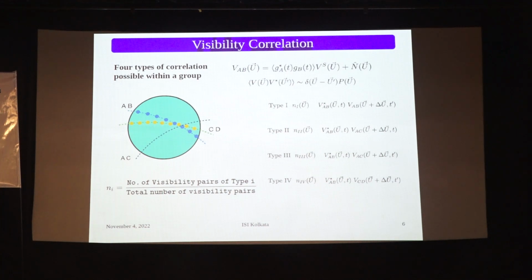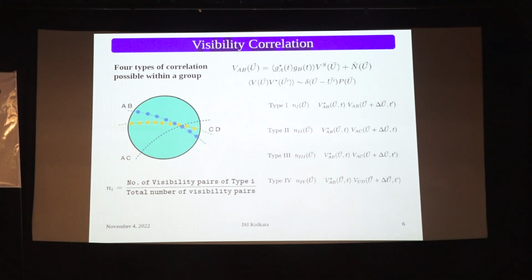Depending upon the pair of antennas involved in measuring the visibilities, we can have these 4 types of visibility pairs. Say we take one visibility measured by antenna pair AB, and another one also measured by the same antenna pair but at a different time stamp. This will be our type 1 visibility pairs.